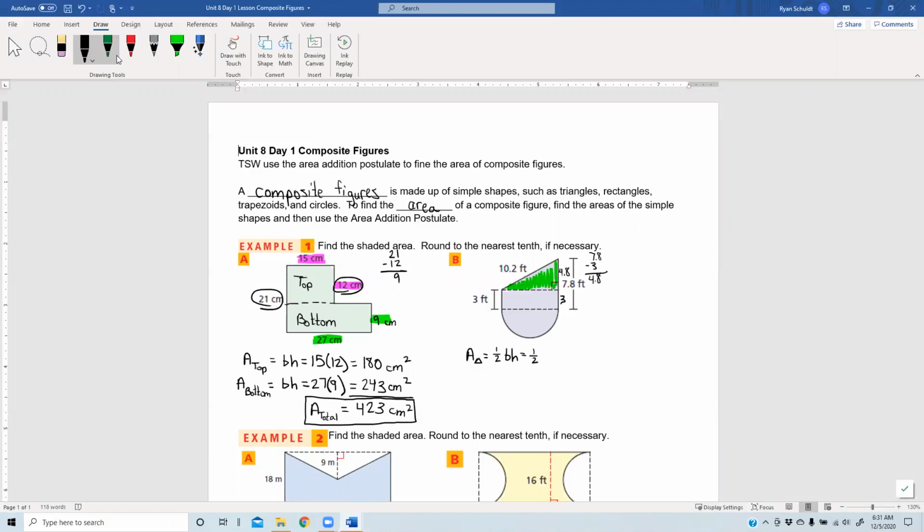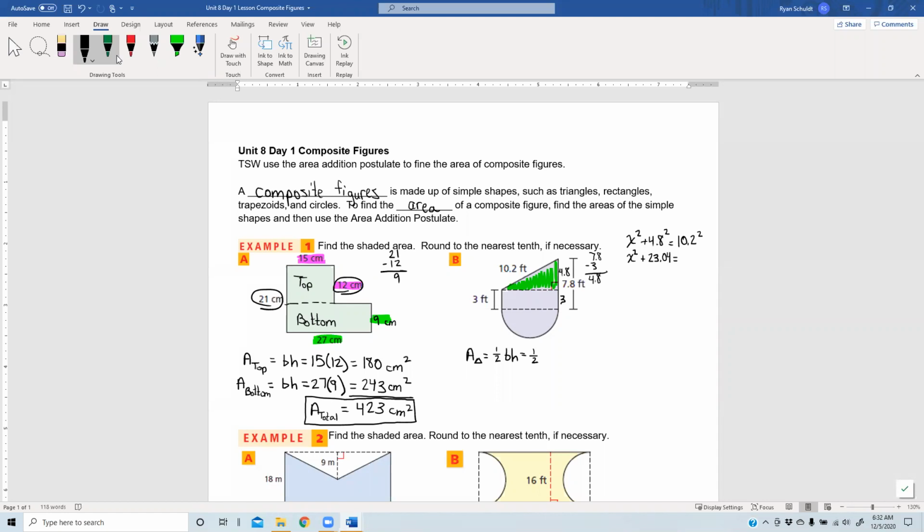What I'm going to have to do here is use the Pythagorean Theorem to get my base down here. I'm going to have to say that x squared plus 4.8 squared equals 10.2 squared. Of course, x squared is just x squared. 4.8 squared is 23.04.